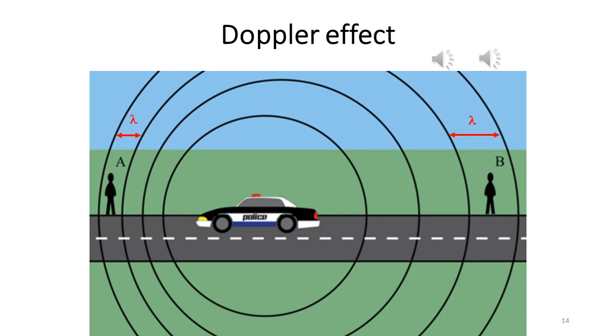Based on this figure, you can see when the object is going toward us, we hear it with high frequency, and if the object is going away from us, we hear the sound with low frequency, as you could hear the sound of the car at the beginning of this slide. This is the basis of the Doppler effect, and scientists use this effect to find the flow in the vessels.